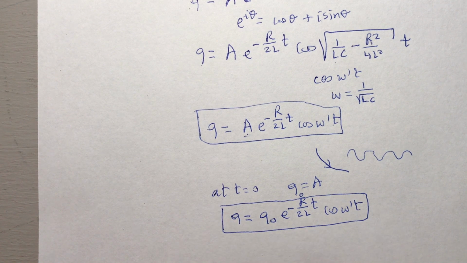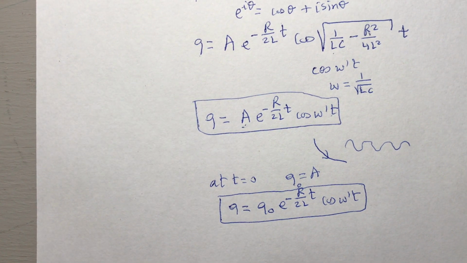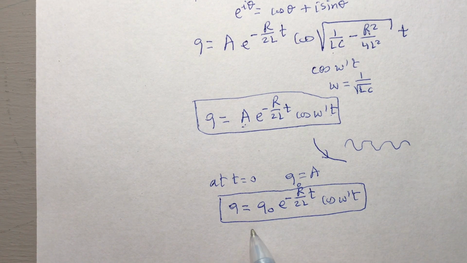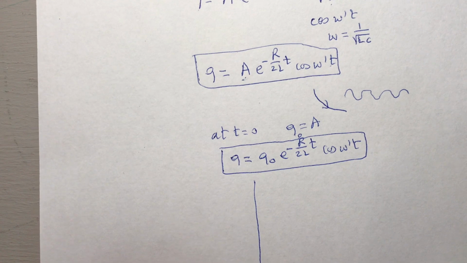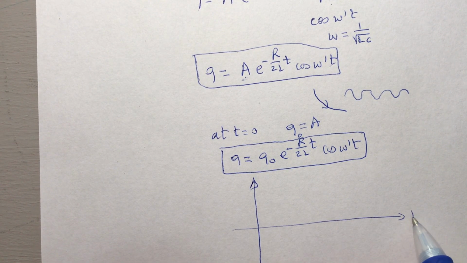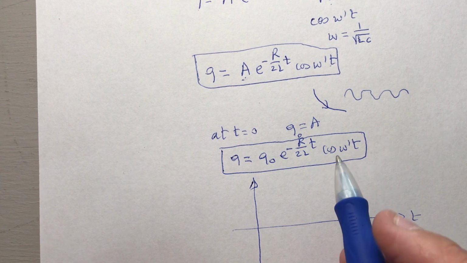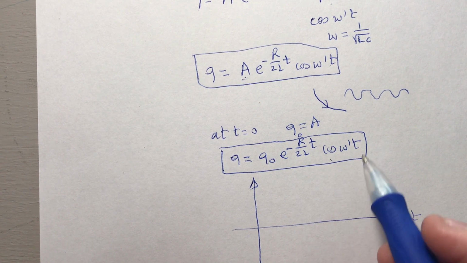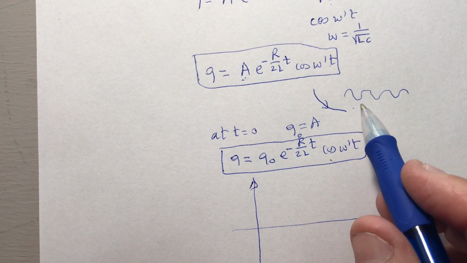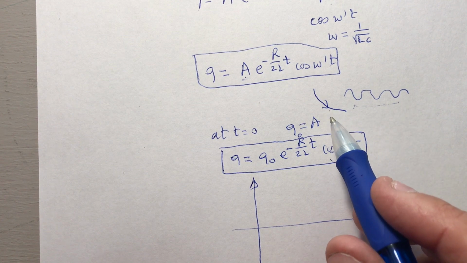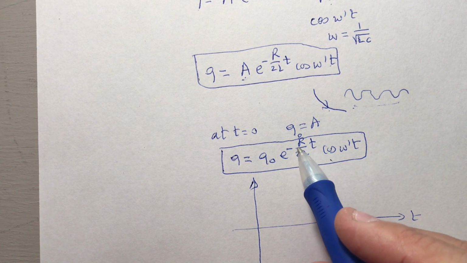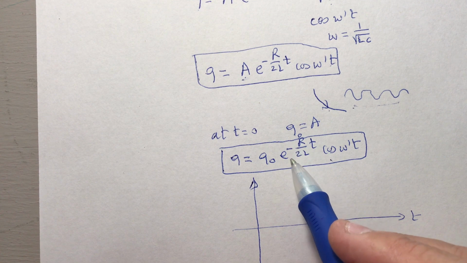So this is the behavior of the charge in the circuit. Let's see what's going to happen. I put here Q, and then here I put time. You see, this cosine tries to oscillate, but this exponential is going to 0 faster.